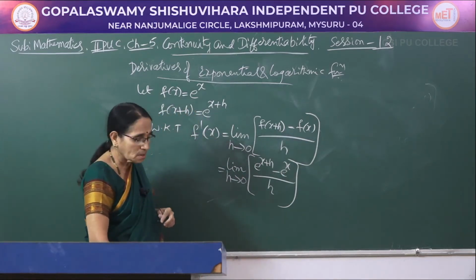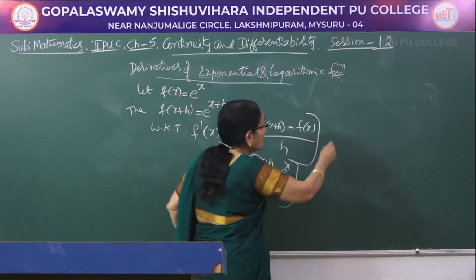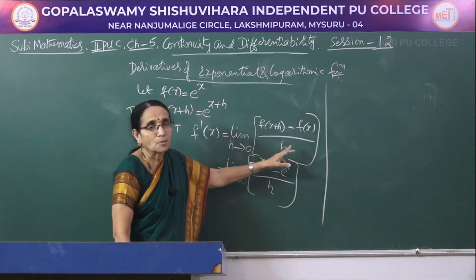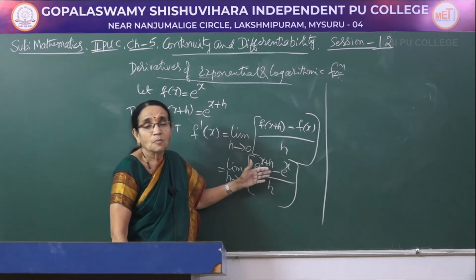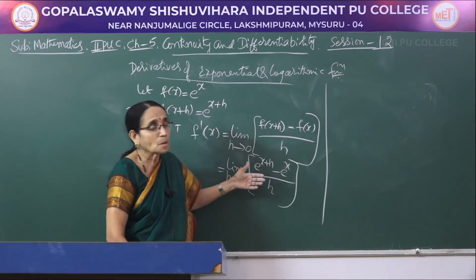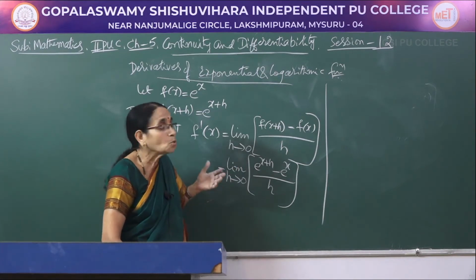While giving the definition or the method of finding the derivative, I have taken only the general function. Here I am telling you, depending upon the function that we are considering, what simplifications we can do.